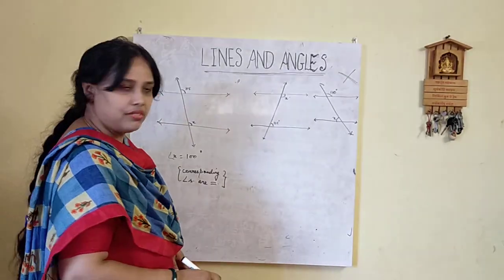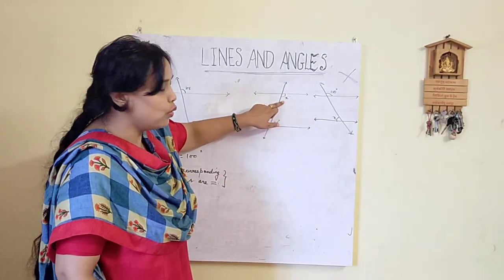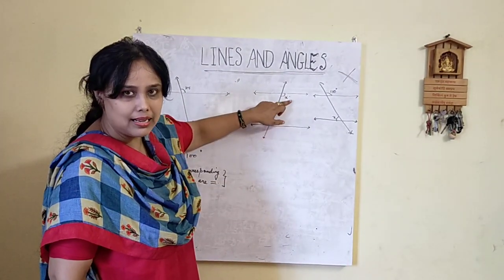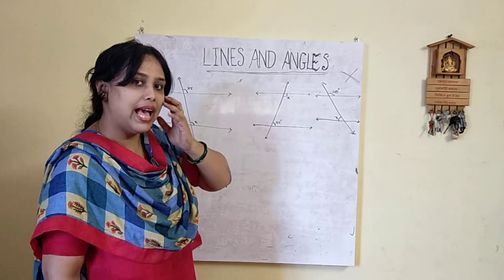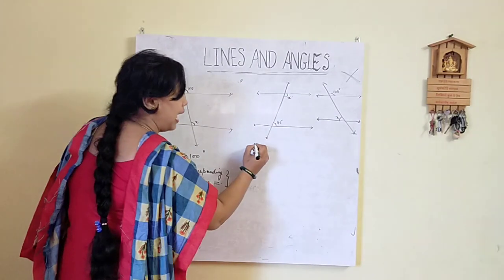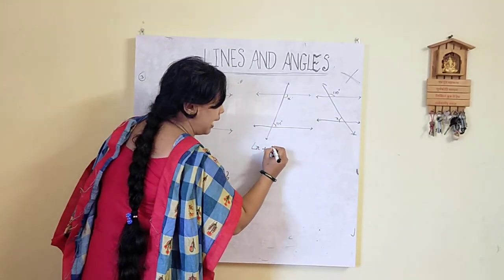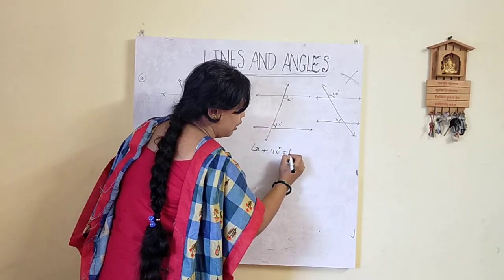Question number 3, part 2. See here. Now try to observe. These are co-interior angles, that is, the angles are formed on the same side of the transversal and they are co-interior. So we have the rule that co-interior angles are supplementary. So angle x plus, we will directly write, 110 degrees is equal to 180 degrees.